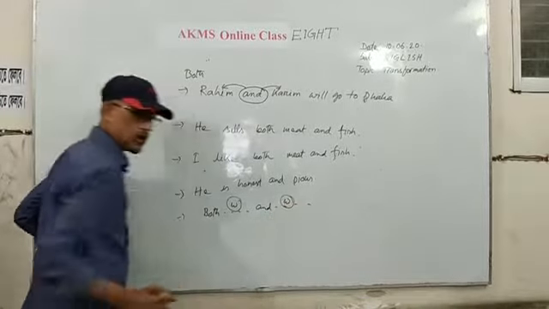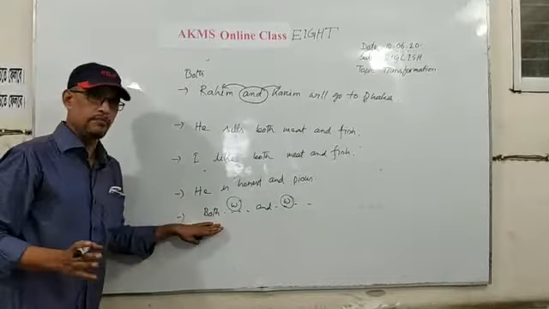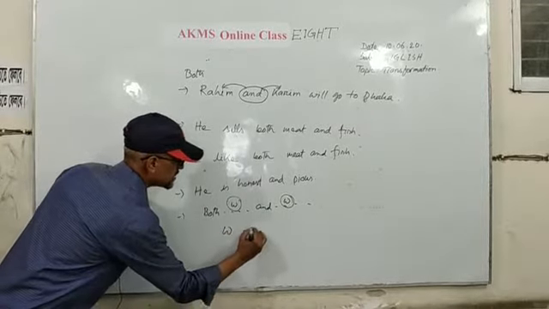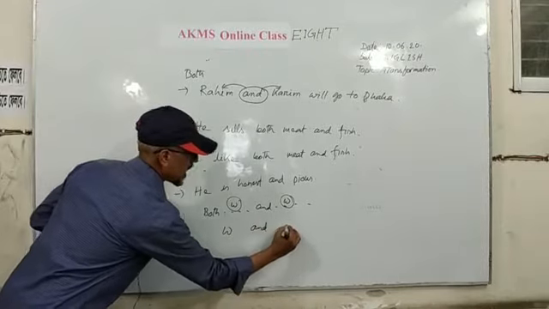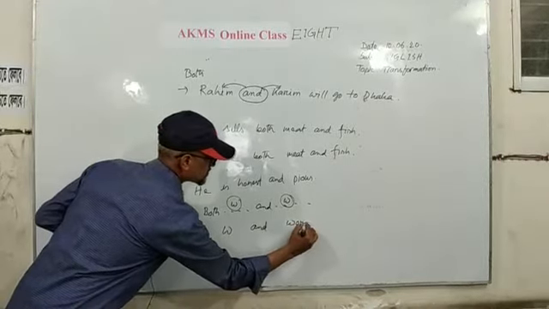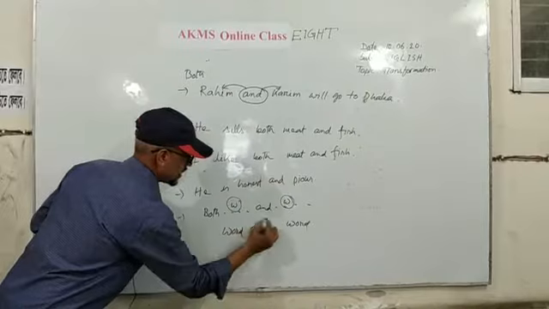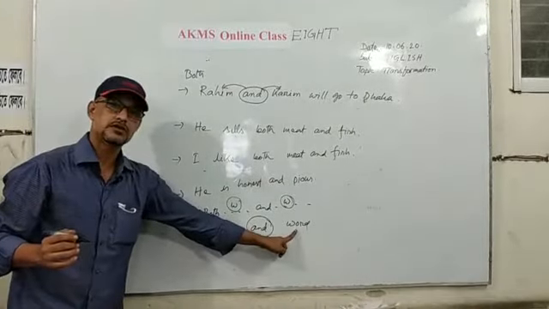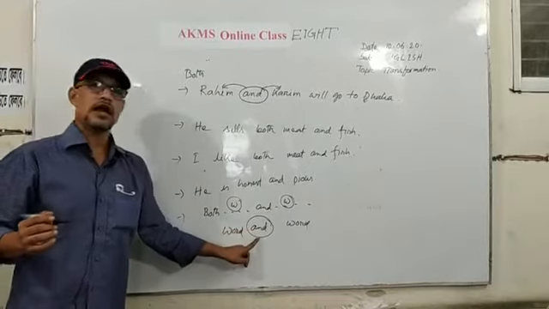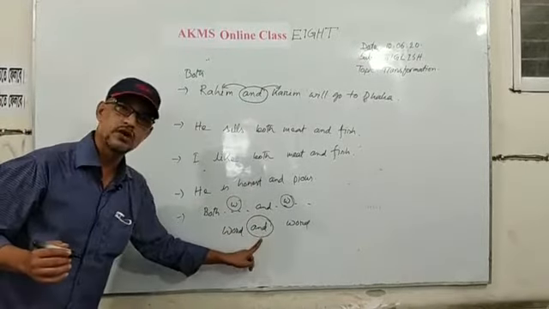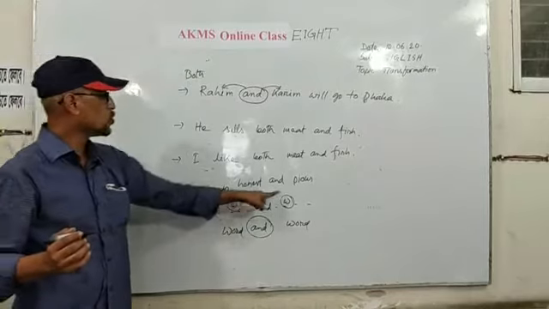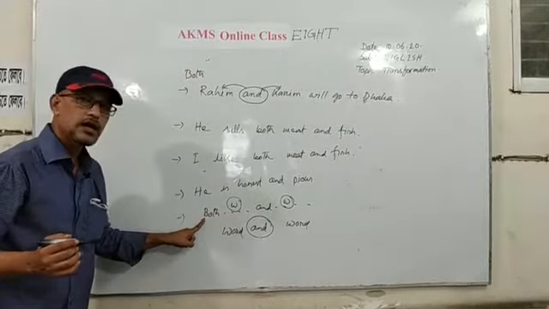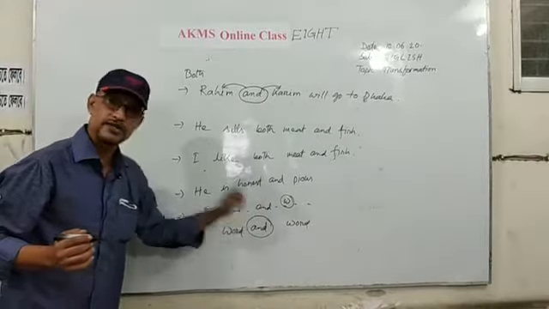Both may not be used. I can use only a word and another word. Those two words have been joined with the use of and. But here two words have been joined with the help of both and.